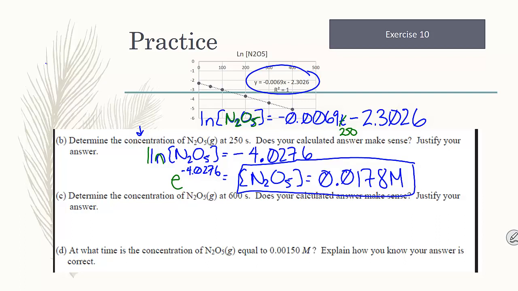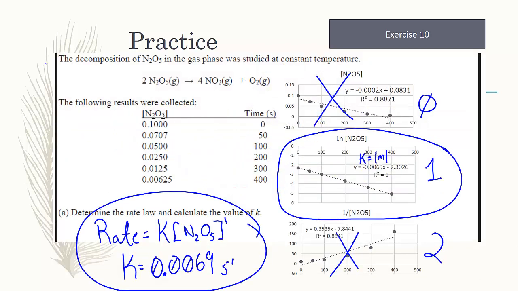So at 250 seconds, we have a concentration of 0.0178. Does that make sense? If we look at our data, 250 seconds would be right here. And we came out with a value of 0.0178. Does that track? Yes. We would expect a value somewhere between 0.025 and 0.0125, which our value fits.